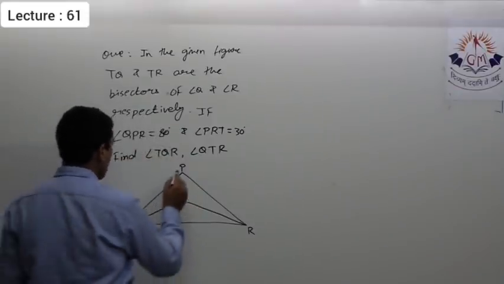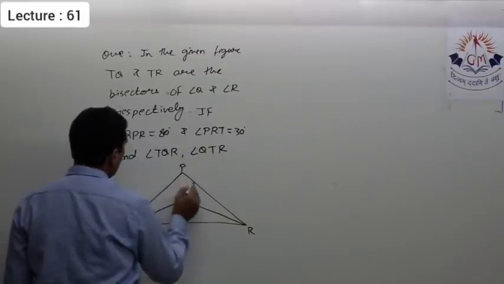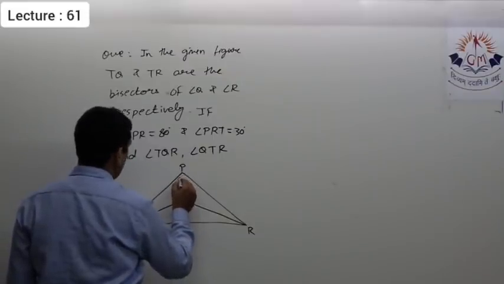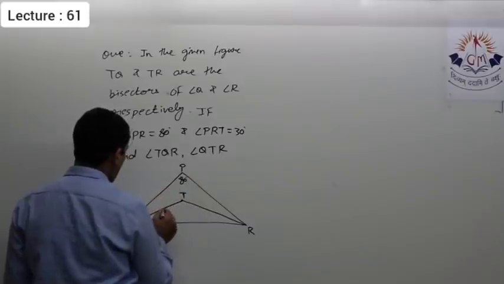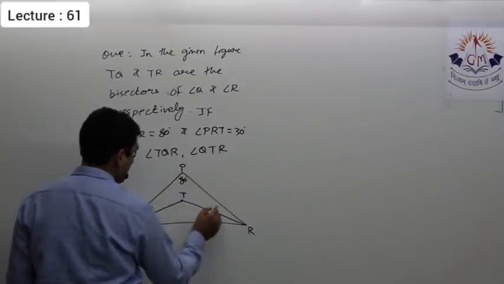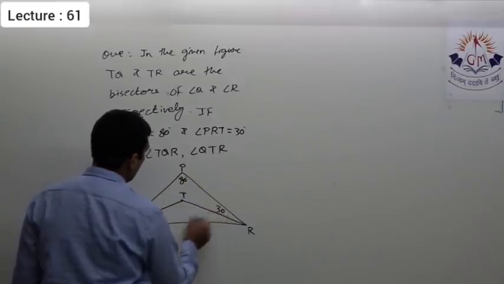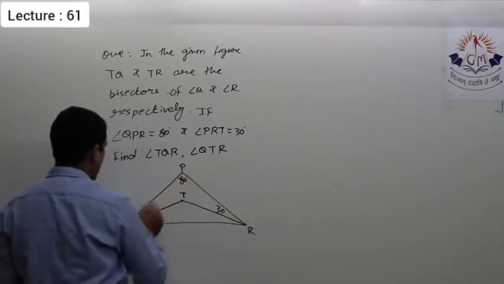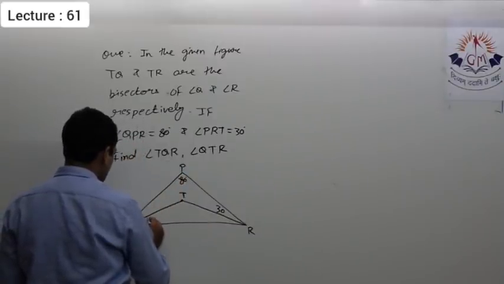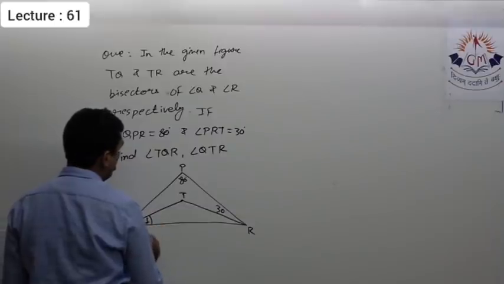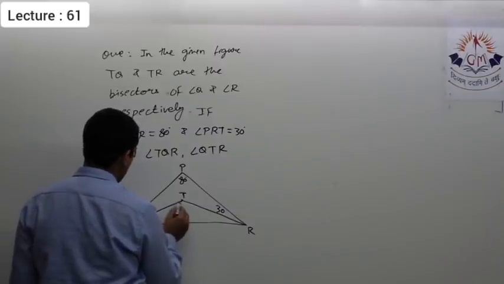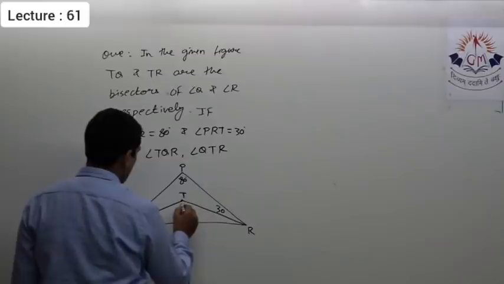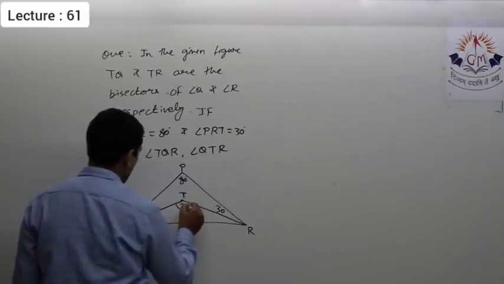Angle QPR is 80 degree and angle PRT is 30 degree. So you have to find angle TQR, this is angle 1, and angle QTR, that is this angle 2.